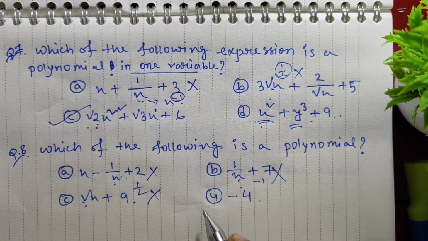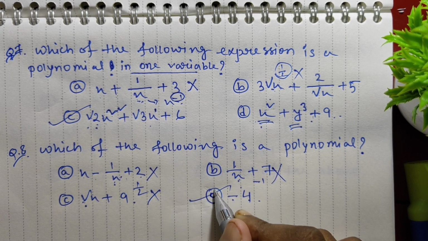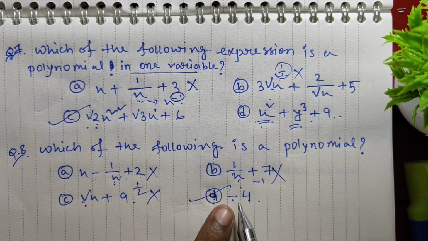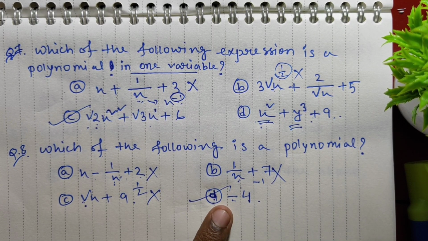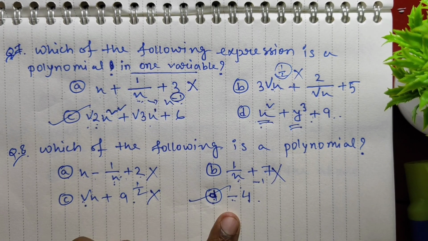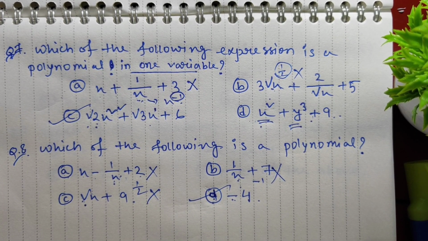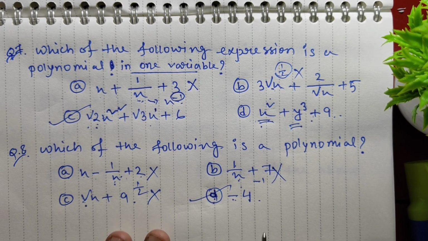So the correct answer is minus 4 is the polynomial, and the option is D. I mistakenly wrote here 4. So the correct option is D, that is minus 4. Now this is a constant polynomial. Now what is a constant polynomial? Actually every non-zero real number is a constant polynomial.